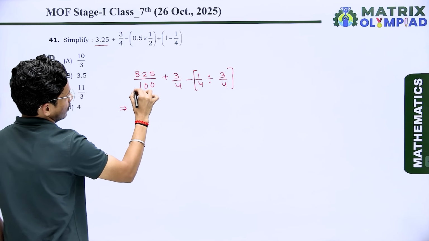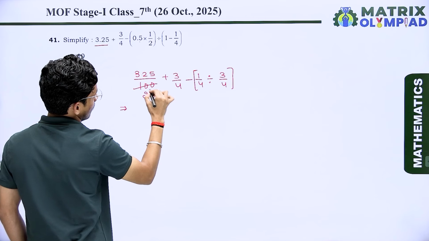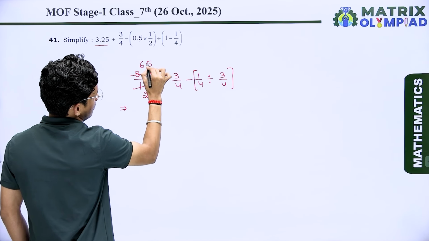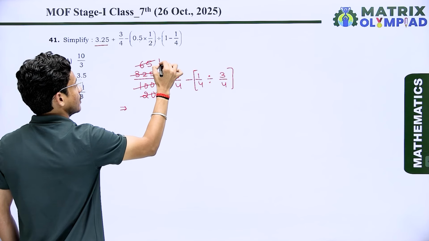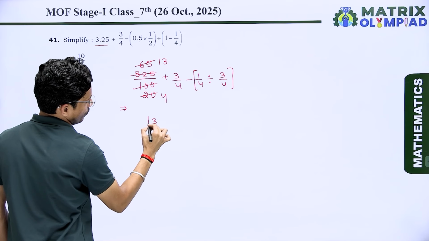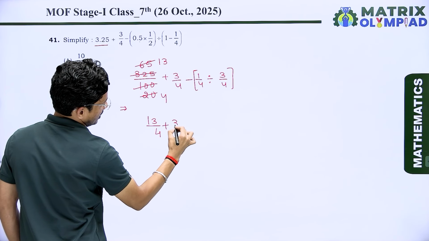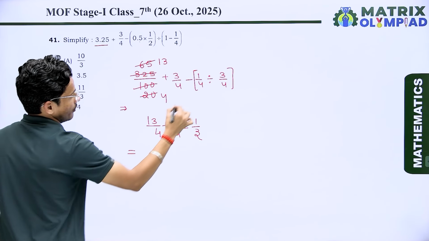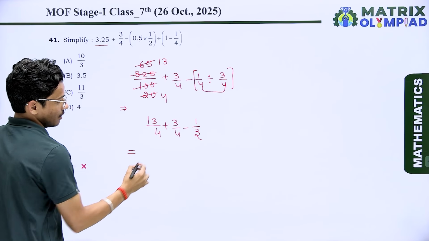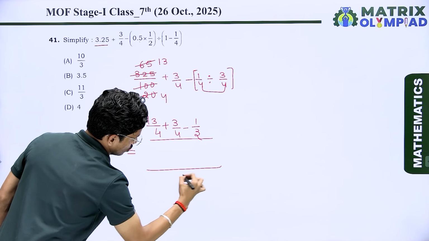So here we can say that 6 5s are 30. It is 65. Again we can say that 5 4s are 20. Here we get 13. It means 13 upon 4 plus 3 upon 4 minus 1 upon 3. When we simplify it, we get 1 upon 3. The LCM here, we get, that is 12.